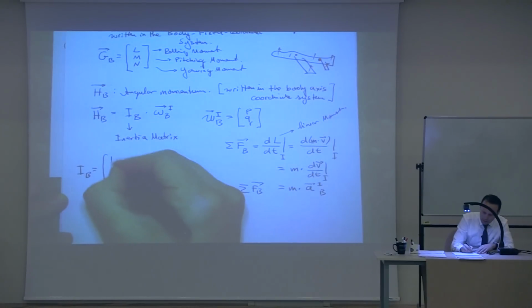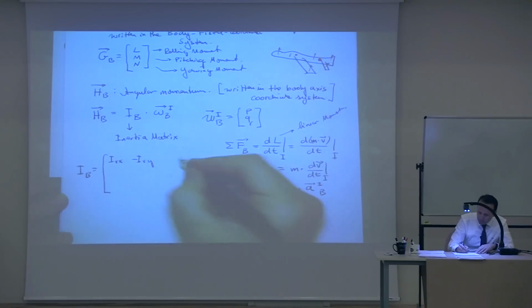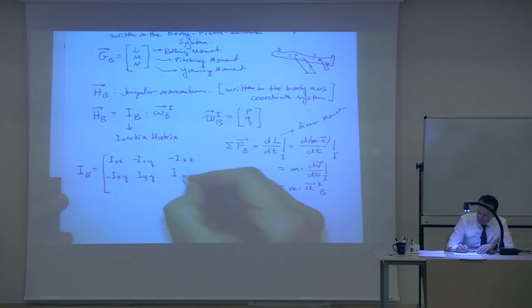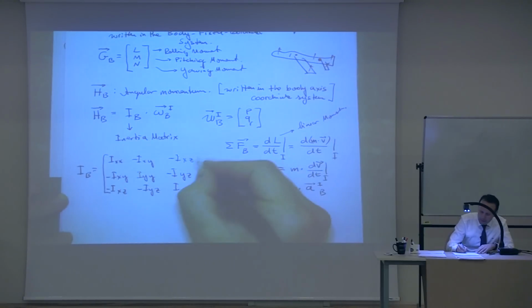The inertia matrix looks like this: Ixx, Ixy, you have a minus here depending on the convention, Ixz, Iyz, Izz.